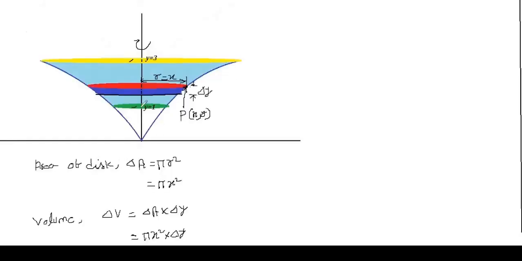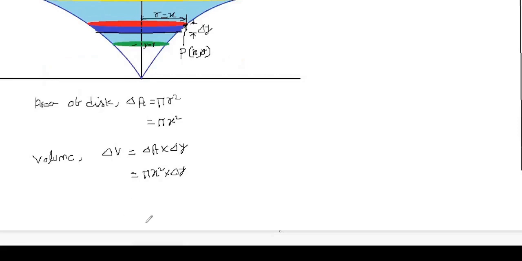And here from the figure, we can see the lower portion is bounded by y equals 1, and the upper portion is bounded by y equals 3. So here, the boundary of the variable y is from 1 to 3.